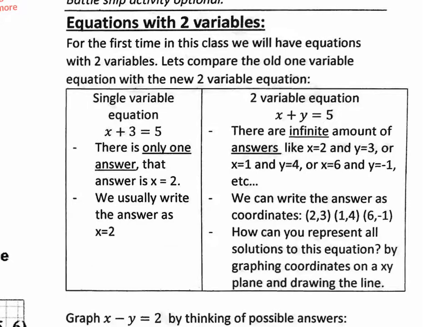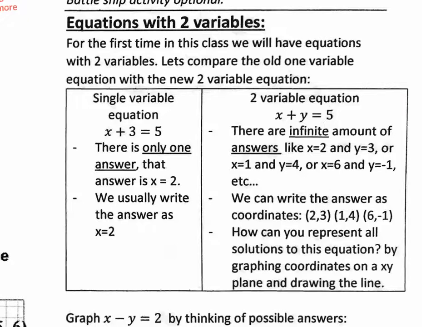It could even be like 6 plus negative 5 equals 5, or 7 plus negative 2 equals 5, or 8 plus negative 3 equals 5, or 9 plus negative 4, or 10 plus negative 5. How many answers are there? Infinite. You can keep going forever. You could go all the way to 100: 100 plus negative 95 equals 5. Or 1,000 plus negative 995, it also equals 5. There's just an infinite amount of answers.